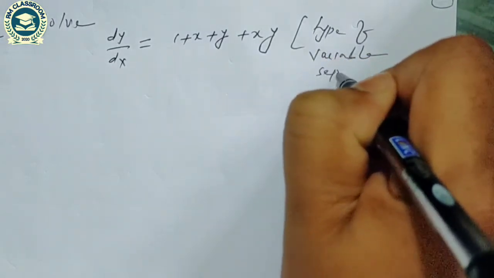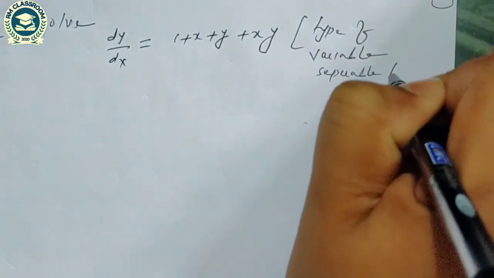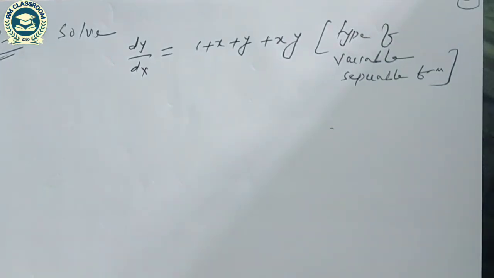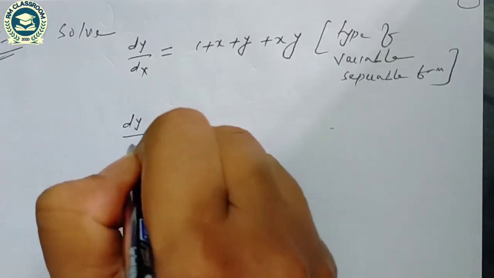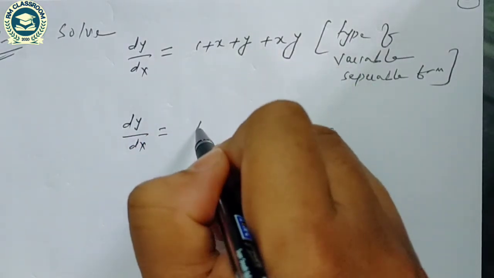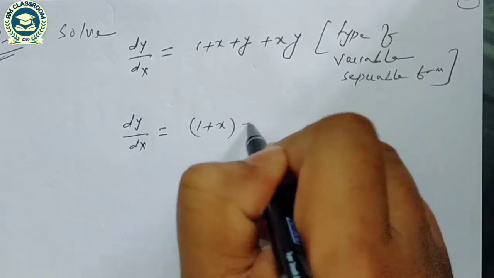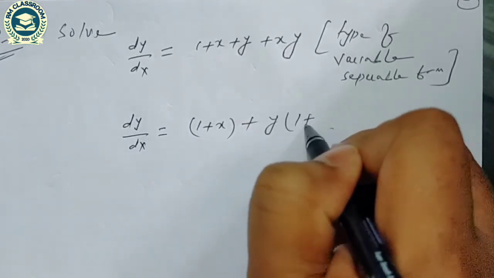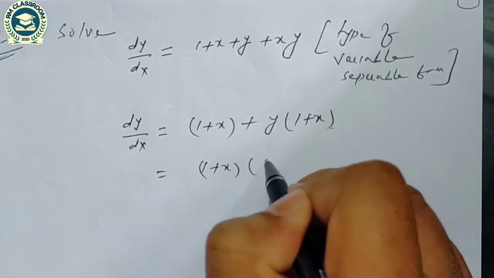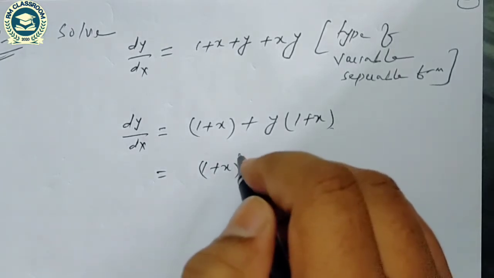Nothing you have to do: dy by dx is equal to, take 1 plus x, take y common, so it is coming 1 plus x into 1 plus y.